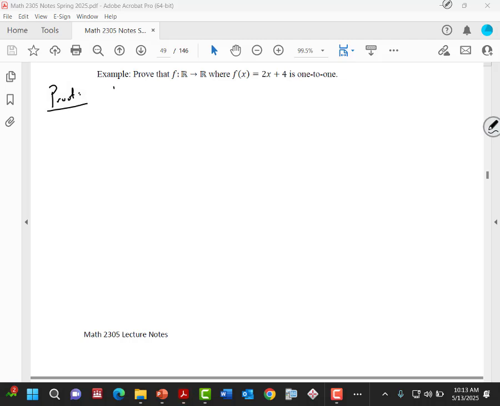Let x1 and x2 be elements of the domain X, which is simply the set of real numbers R.